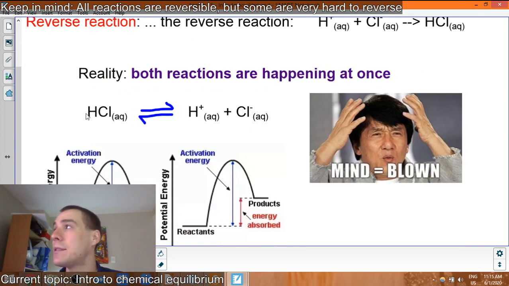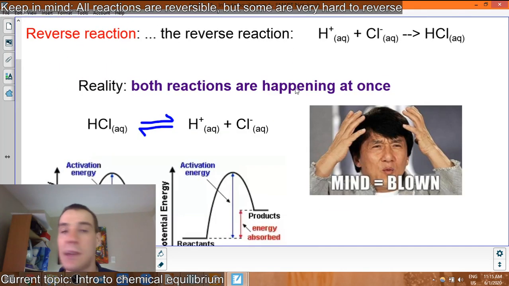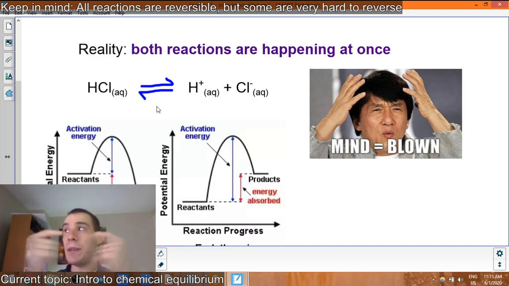The reality here is that both reactions actually happen at once. And so we need a way to write the reaction as a forward and reverse process. This is what we call an equilibrium process. And so we have this symbol. This is what's called the equilibrium symbol, the equilibrium arrows. It shows a half arrow one way and a half arrow the other way. It's showing that the process can go both ways.